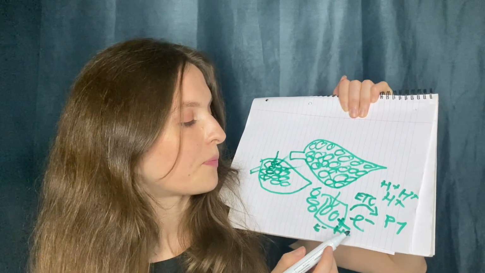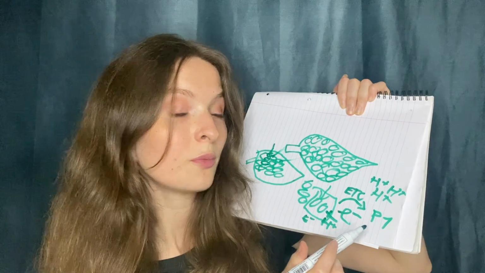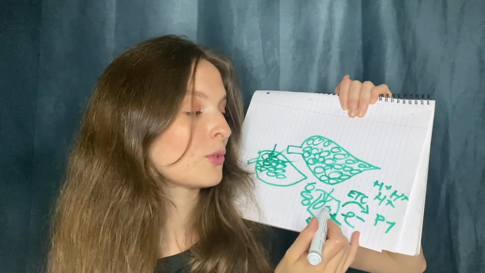And the only real difference between photosystem 2 and photosystem 1 is that these molecules, called the P680 molecules, are called the P700 molecules in photosystem 1.